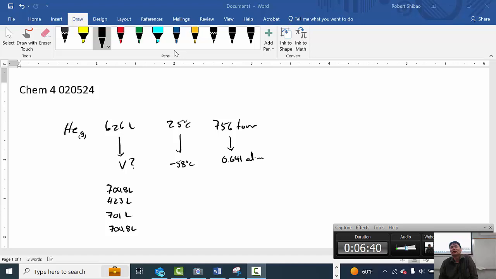So for the pressure conversion, would I convert from torr to atmospheres or atmospheres to torr? Which is the preferred? It doesn't matter. Either way, atmospheres to torr, torr to atmospheres, doesn't matter. They just have to be the same unit, that's all.